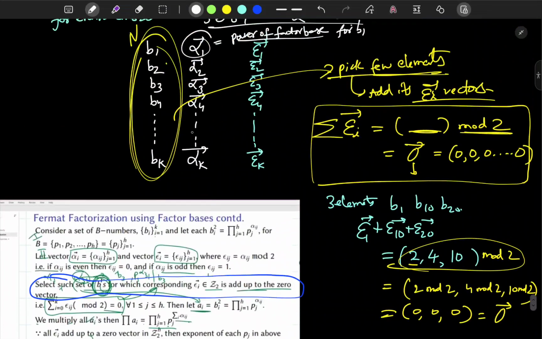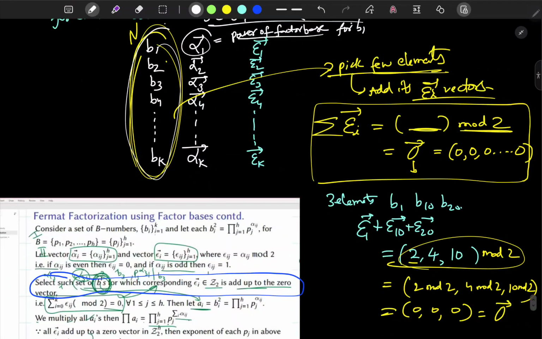Initially we have k elements. After that we pick some elements such that epsilon i becomes 0.